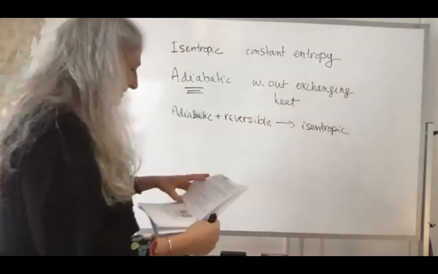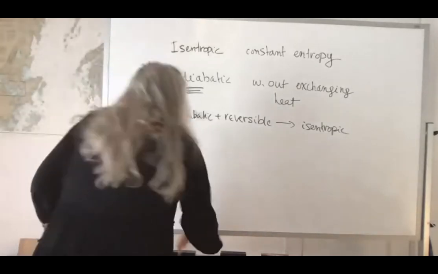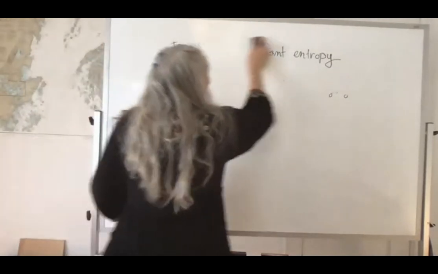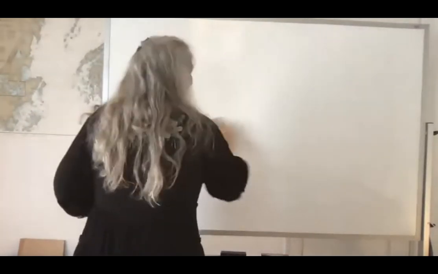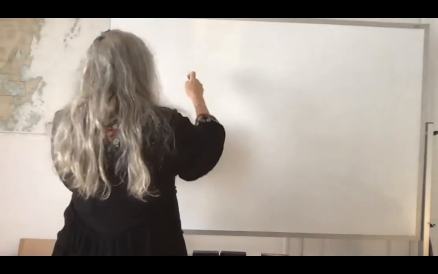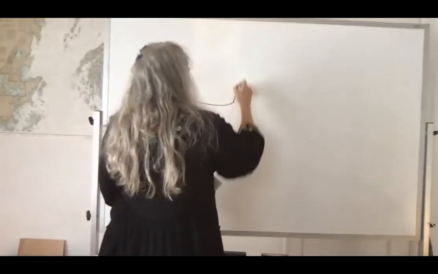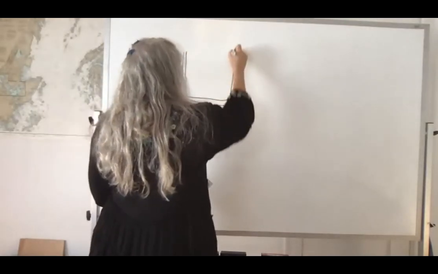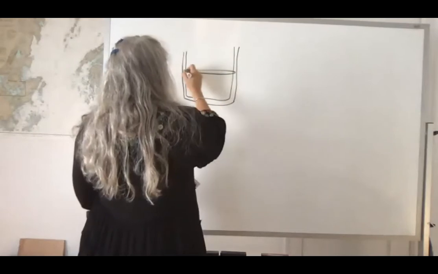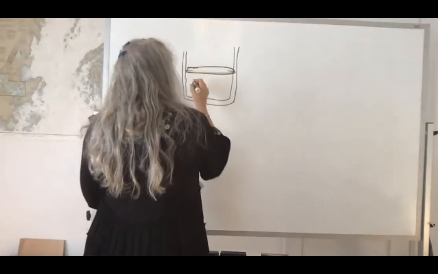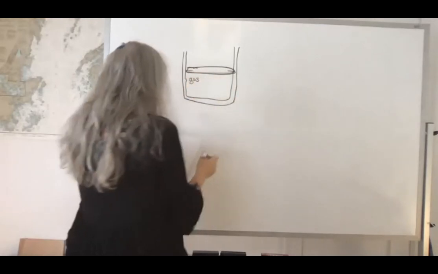Okay, so let's draw some pictures of operations. Here's one. I could put a little piston here, draw the piston, and here's the top plate, and have my gas in there.